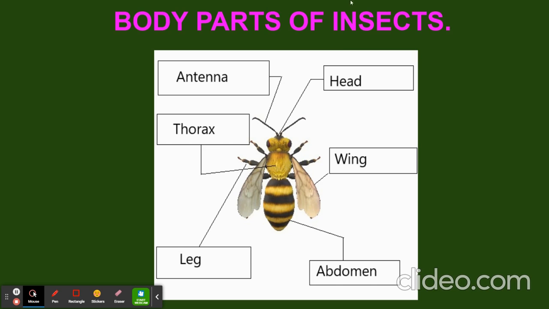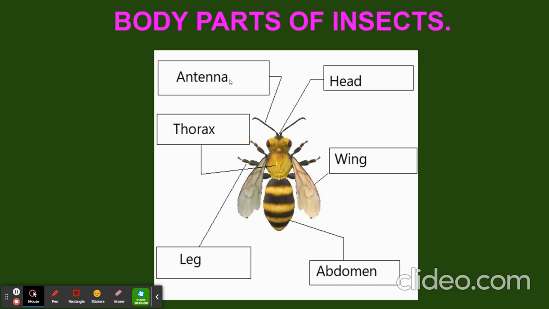Now, wings help the insects to fly. Like how the wings of a bird help them to fly, in the same way, wings of the insects help them to fly. And how is the antenna used? Antennae of insects help them to touch, feel, smell, and hear. Here, the spelling is we have to add another E, children.